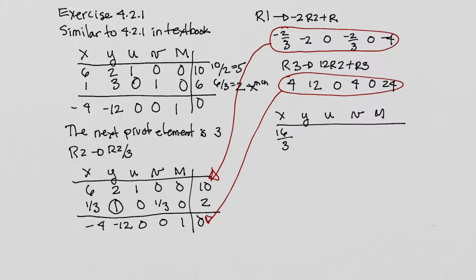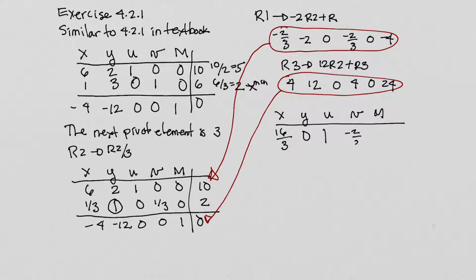And then negative 2 plus 2, that's 0. That's what we were looking for. And then 0 added to that 1 is a 1. Then we'll add the negative 2/3 to that 0, and that'll give us negative 2/3.